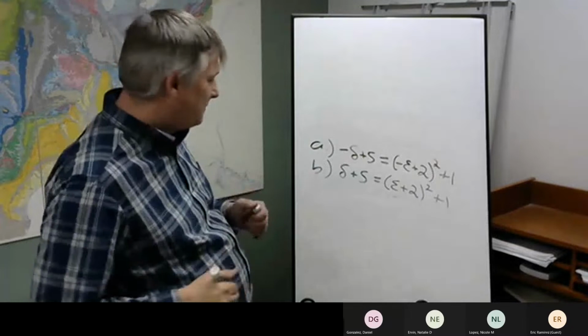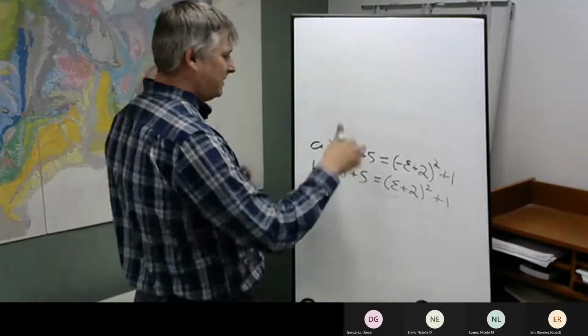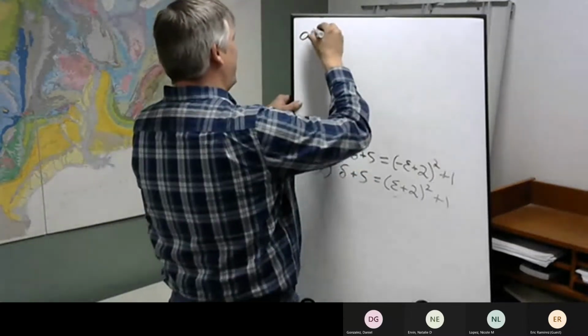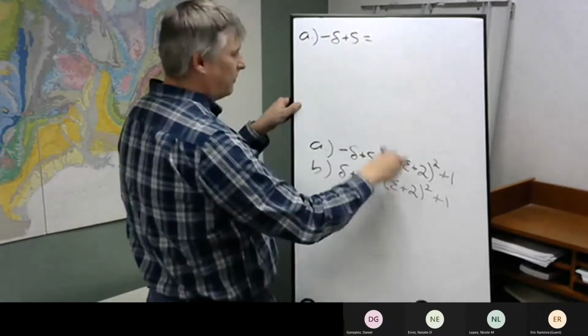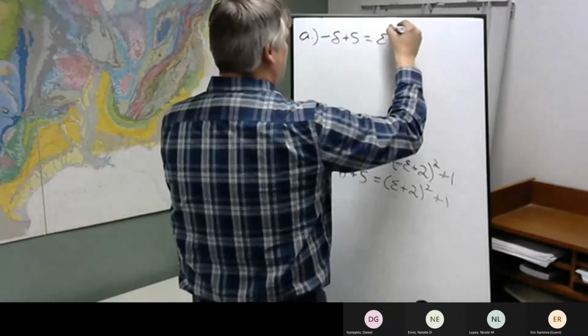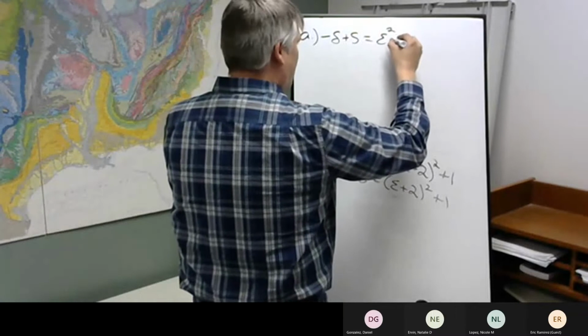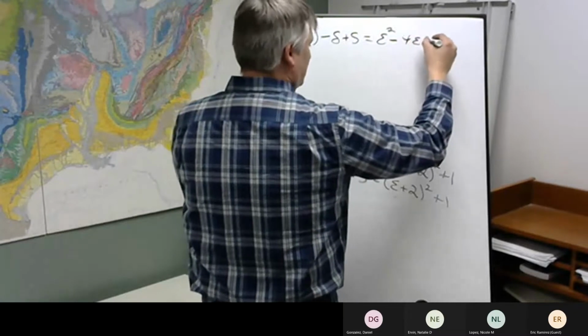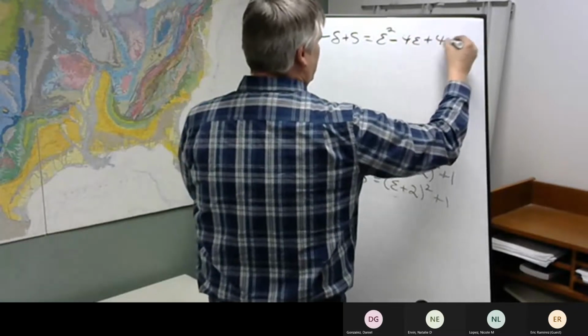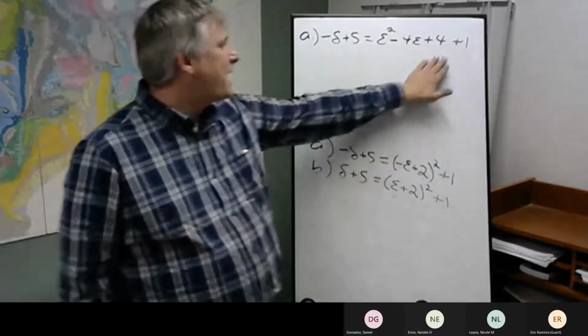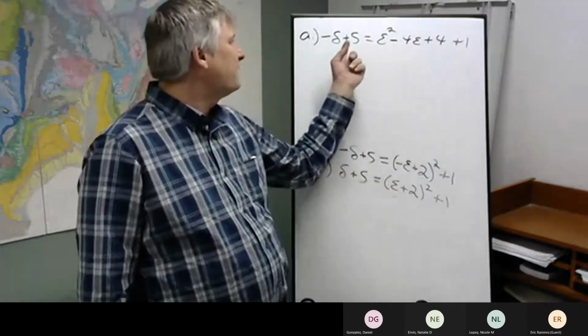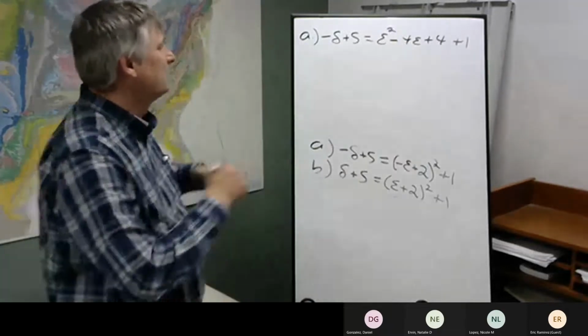So using that trick, let's work with this. So for A, we get negative delta plus 5. We'll FOIL this. We get epsilon squared minus 4 epsilon plus 4 plus 1. So these will add up to 5. Subtract 5 from both sides.